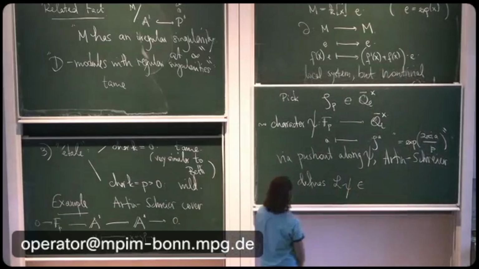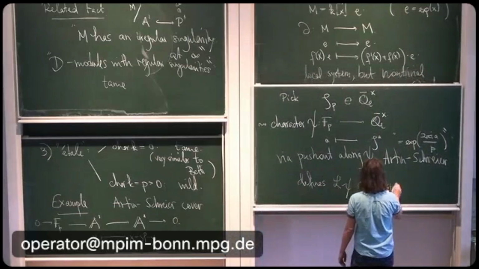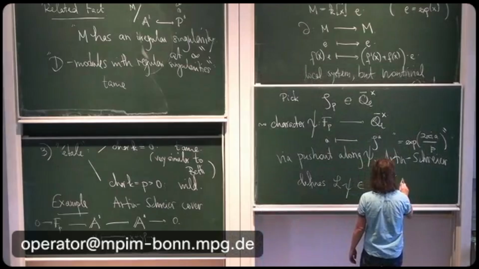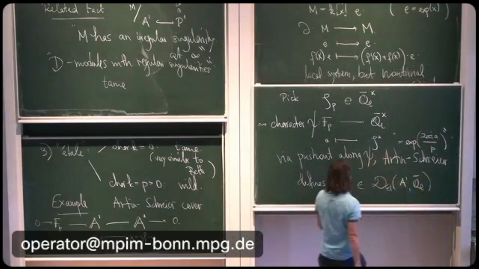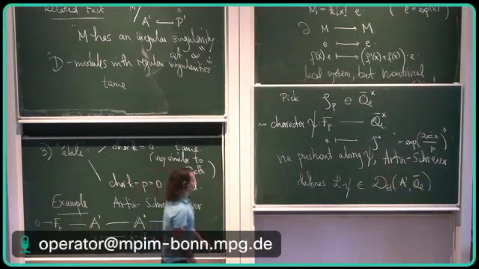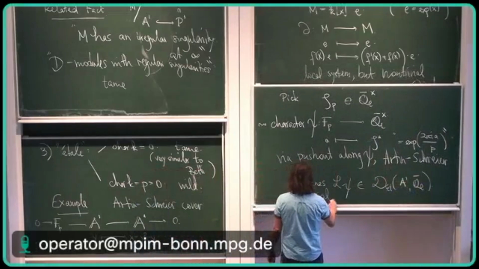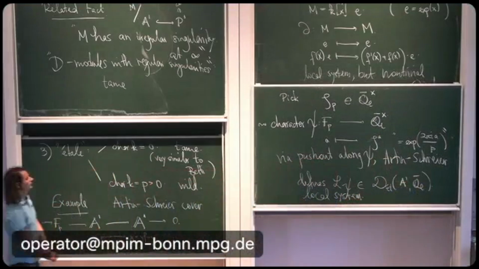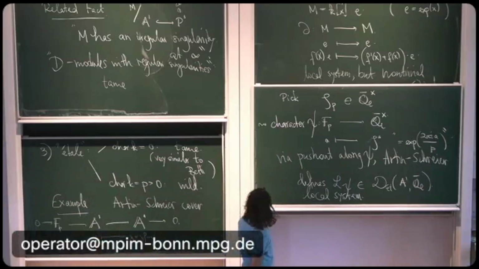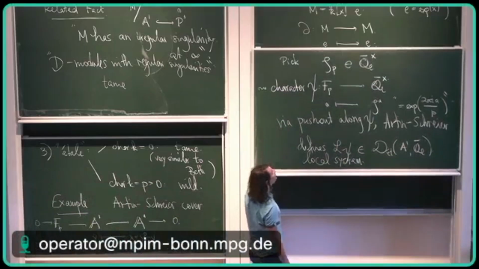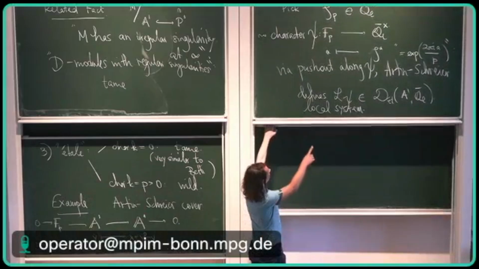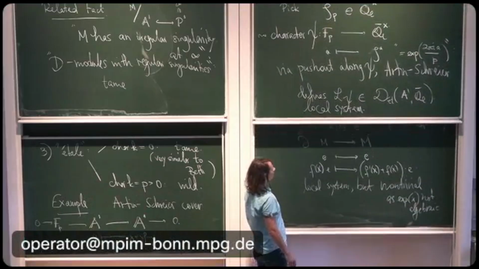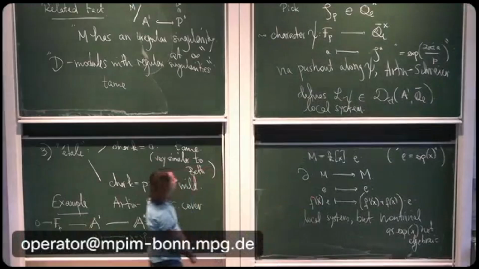Define some local system in this category of etale sheaves on A1. And it turns out that in many ways, this Artin-Schreier local system behaves very similar to this kind of exponential local system in the D module setting.